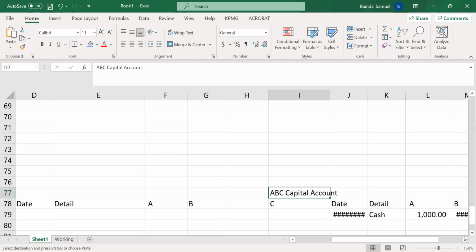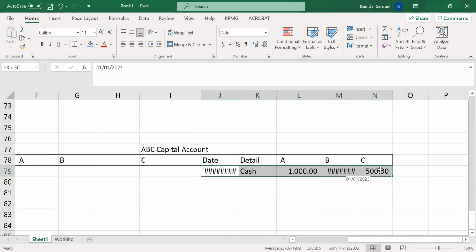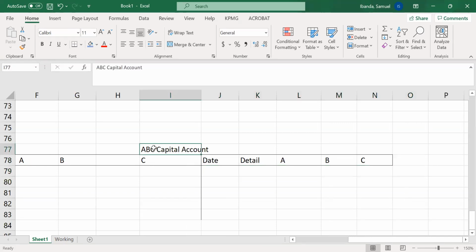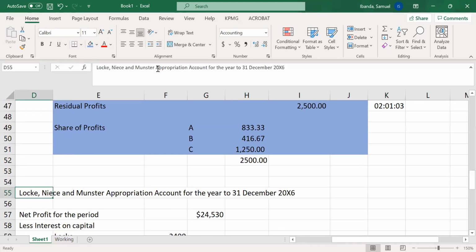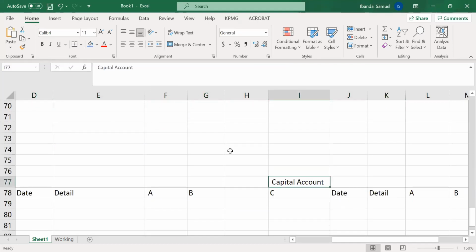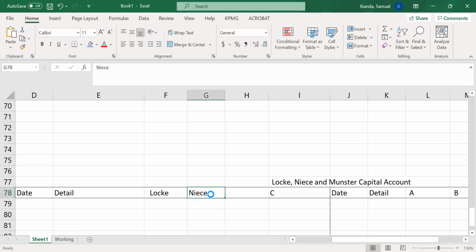Now I'm going to remove this information. So this capital account, this time it's for Lucy Monster. So I'll just pick the same heading here. I'm using my Excel, but you should be able to use your pen as you note this. It means that the first column here will be for Lucky. The second column will be for Nancy.